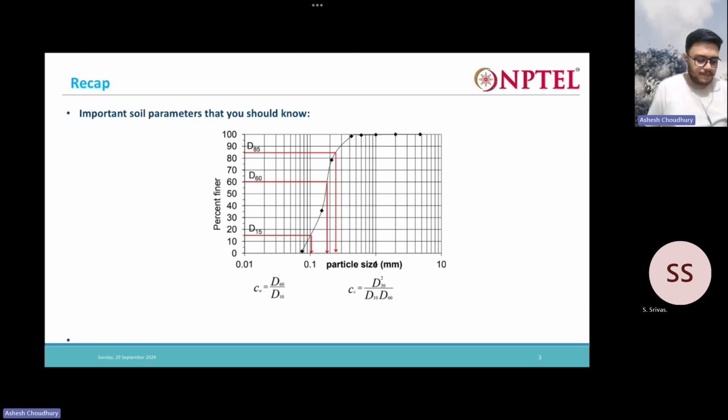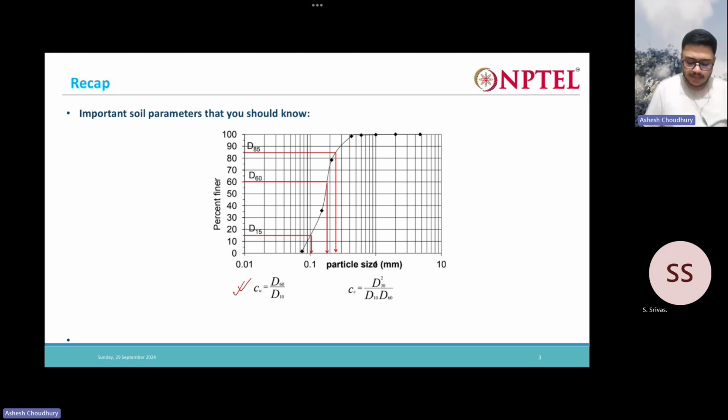Now these are the basic soil properties that you should know. We already discussed these previously, right? What are those properties? One is the D60 size, the D15 size, D85 size, D30 size, and D10 size. So what is this Cu?